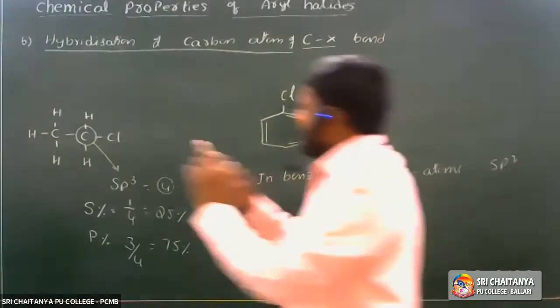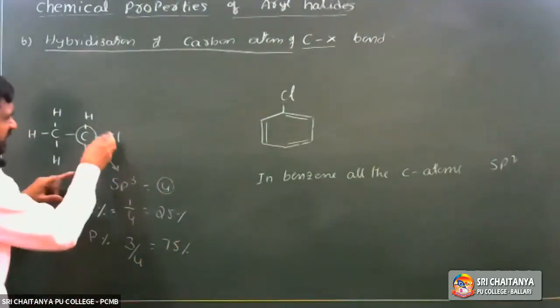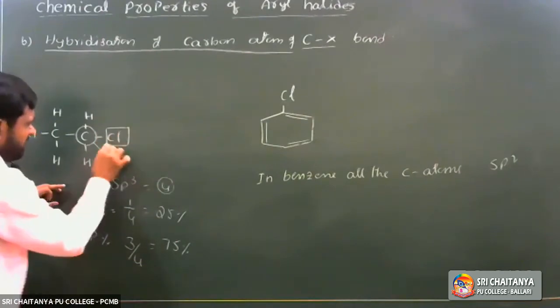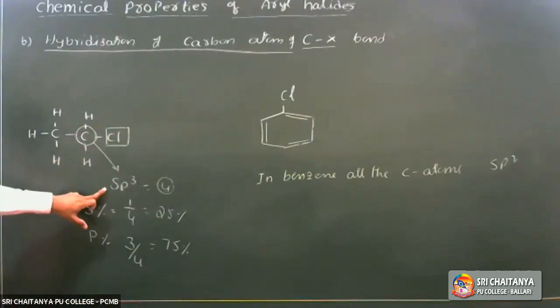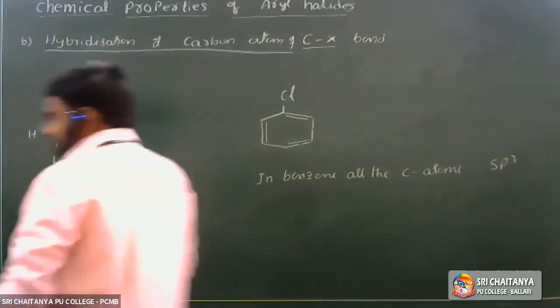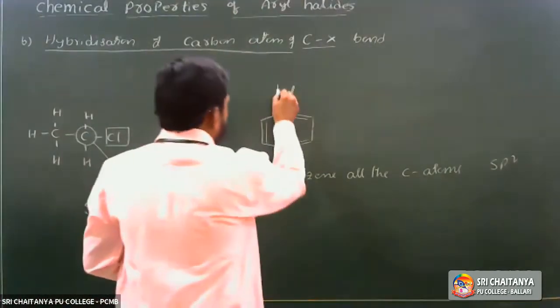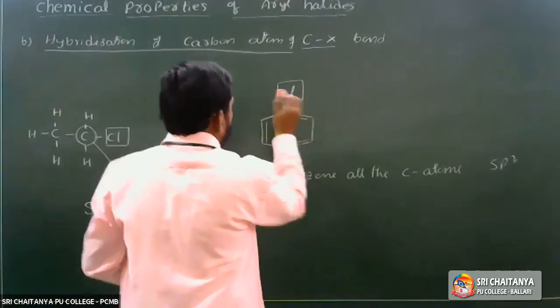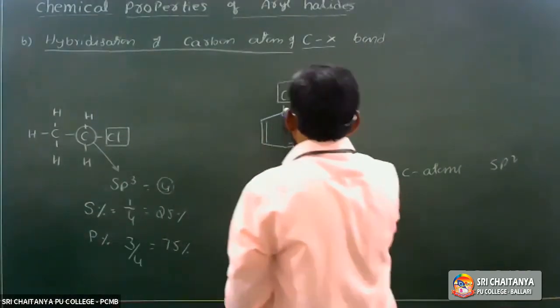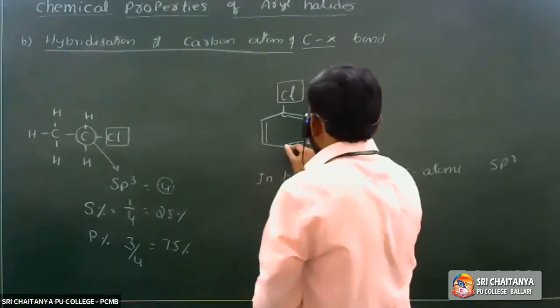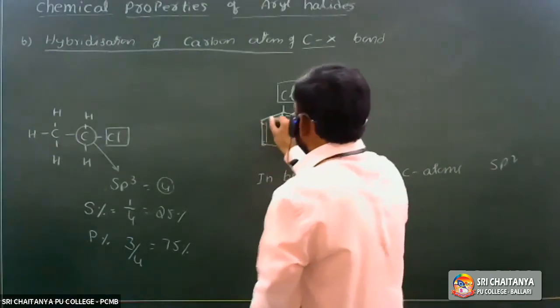So in alkyl halides, halogen is attached with sp3 hybridized carbon, whereas in aryl halides, halogen is attached with this carbon. It is carbon.